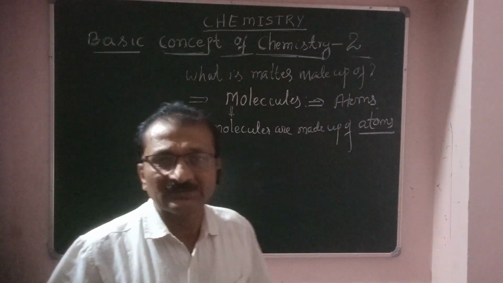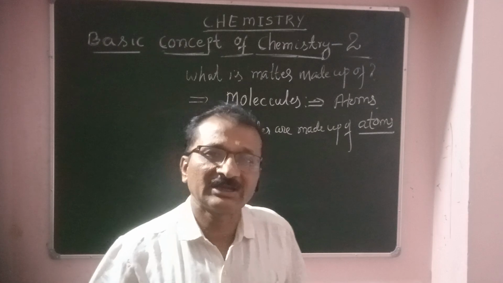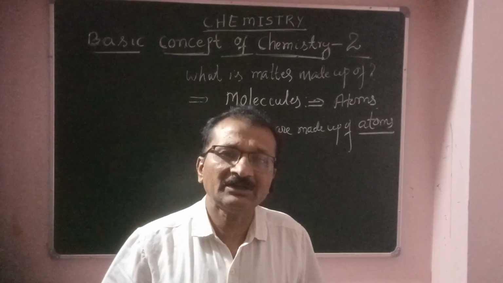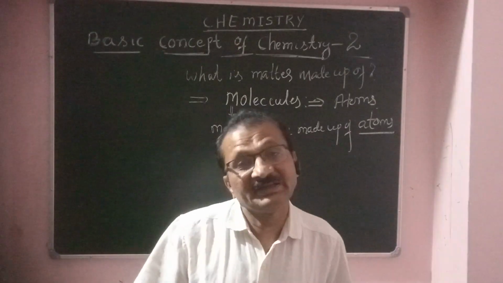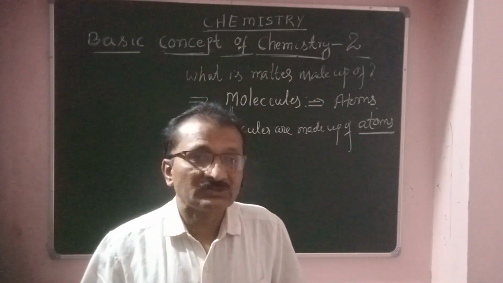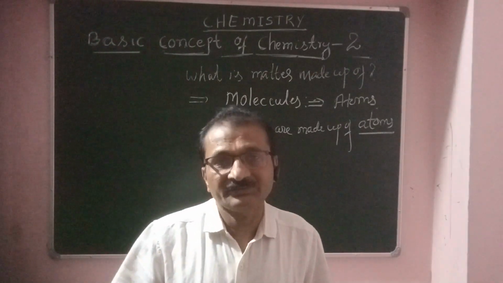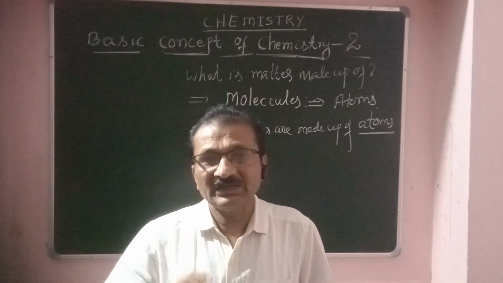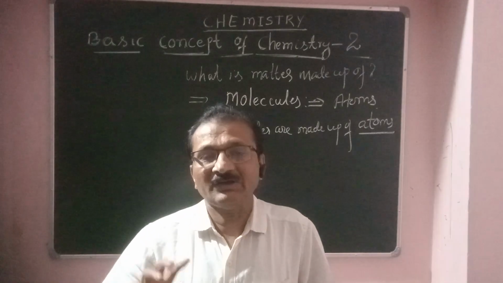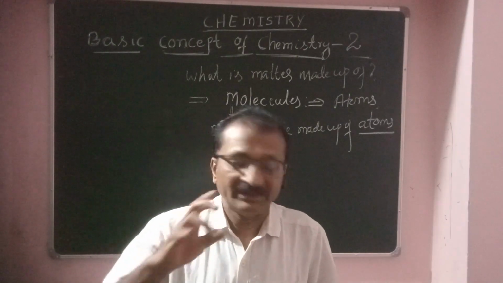Now, how are these molecules arranged? The arrangement of molecules is not the same in all the materials of matter. So depending upon this arrangement of the molecules, we can classify matter.